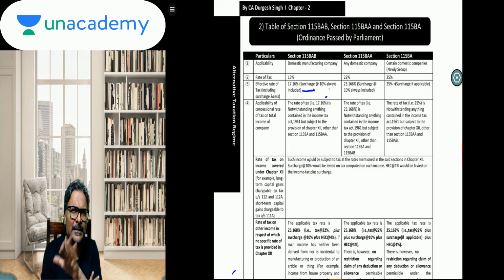The second and third videos would be about the practical part of this alternate tax regime for a company and the cooperative society. After that, in our fourth video, we will have the alternate tax regime as applicable to an individual. So a series of 4 videos which will consolidate, conclude and freeze this topic.